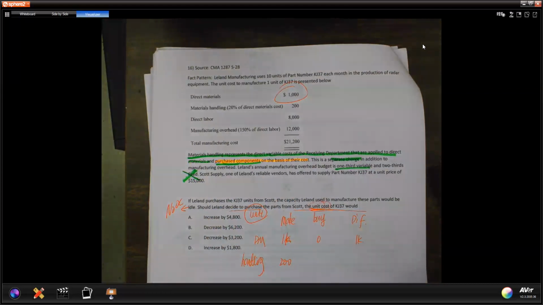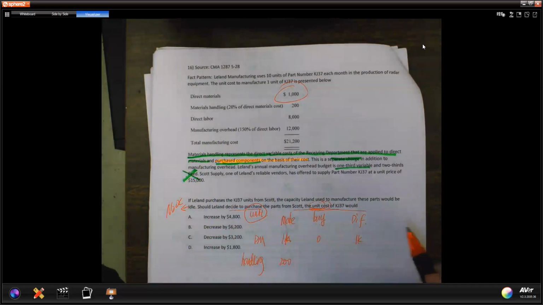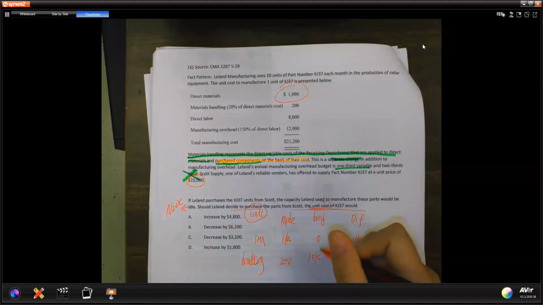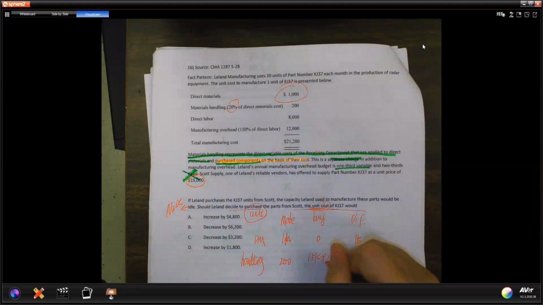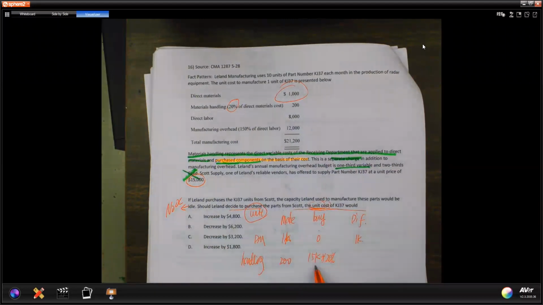Based on the cost, based on their purchase cost, right? So your purchase cost, we said, each one is 15,000, and then we have to pay 20% as the handling cost under buy.